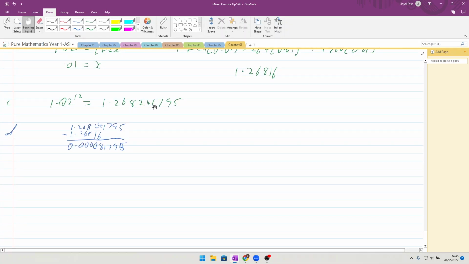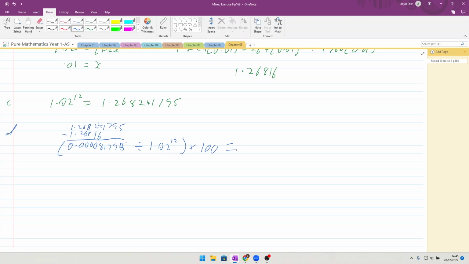Now, that's the bit that's correct. We're looking for the percentage error, the approximate percentage error of the approximation found. So that's what the error is, and that's what it should have been. So it's what percentage of this is this. So very simply, we're going to divide that by 1.02 to the 12 and multiply it by 100.